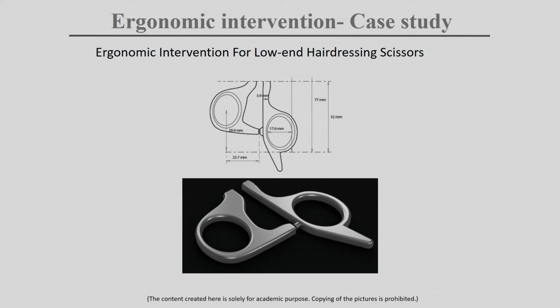Finally, this is the rendered product you can see here, and these are the dimensions. In each of these cases the eye hole was rounded, so the person had some problem holding it. So now we have also changed the eye hole of the scissor.